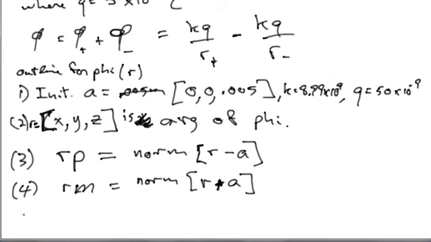And then phi here. I want to call my function phi, so I'm going to call this phi val.